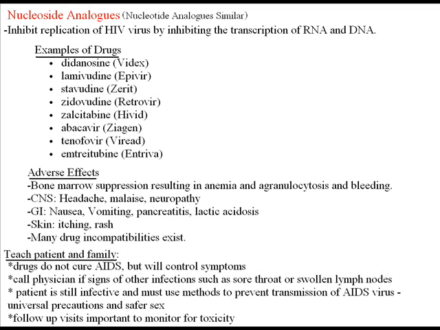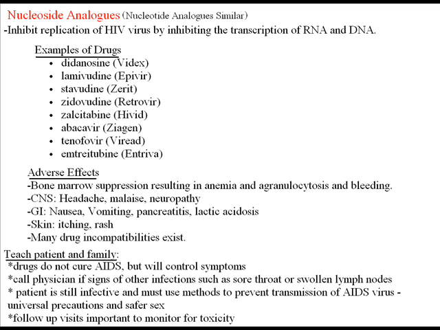All these drugs are given orally, but it should also be noted that Retrovir, also known as zidovudine, can also be given intravenously. I'll also note that Retrovir is used in persons who have been exposed to HIV as well as those who have AIDS.